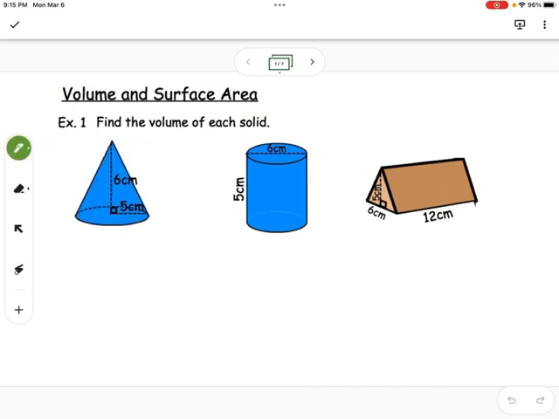The volume of a cone, V equals pi r squared times the height divided by 3. Pi is 3.14. The radius we're given of 5 centimeters. And the height of our cone is 6 centimeters.